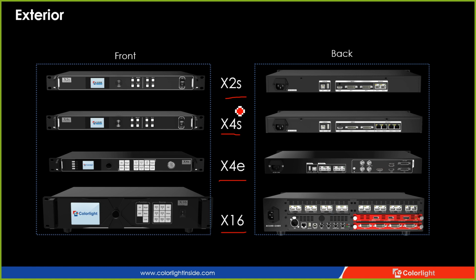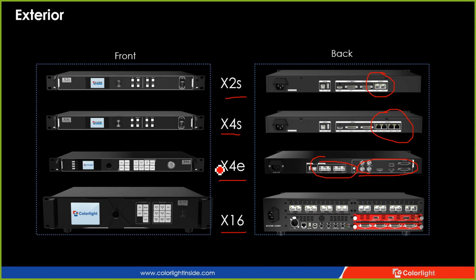As you will see here, X2S has 2 output ports, and X4S has 4 output ports. You can also get the information from the name. X2S has 2 and X4S has 4 output ports. X4E has 4 output ports too. Well, you get more options on the video signal input.